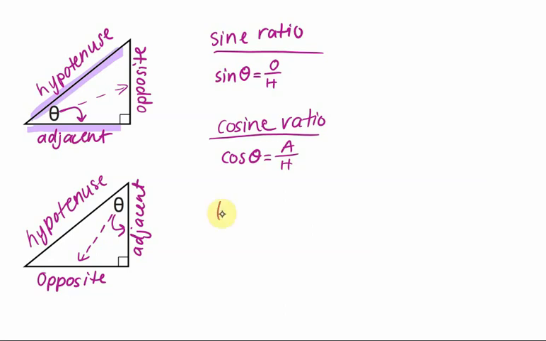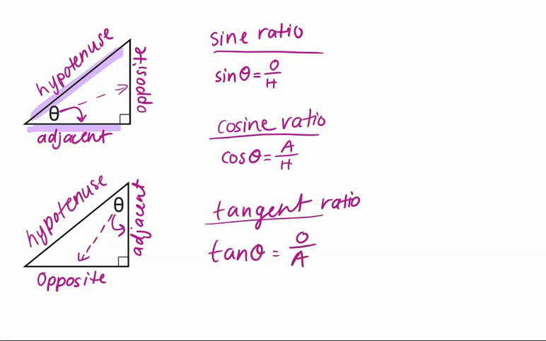Our third ratio is the tangent ratio, which is abbreviated to tan theta. And so the tangent ratio is a ratio between the length of the opposite side over the length of the adjacent side, which I'll colour in so that we can see on our triangle, opposite side over the adjacent side. And that is our tangent ratio.